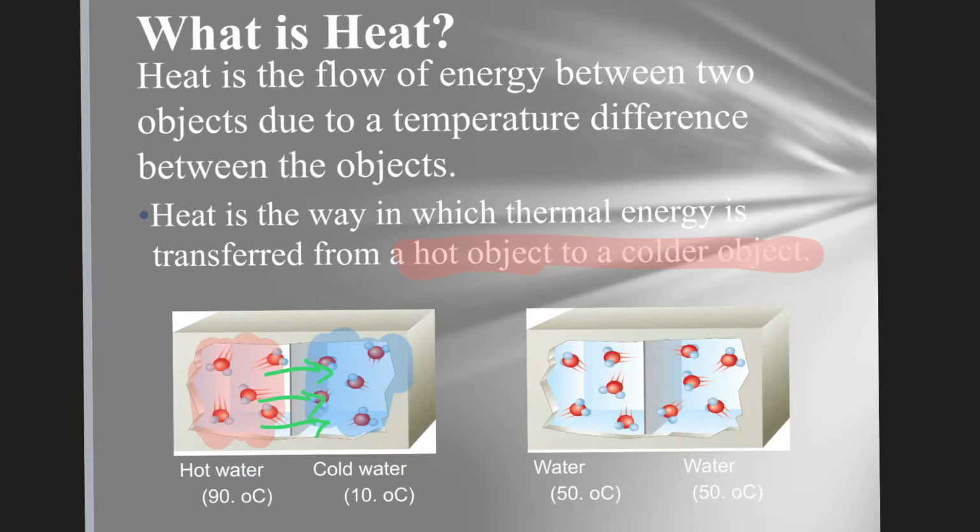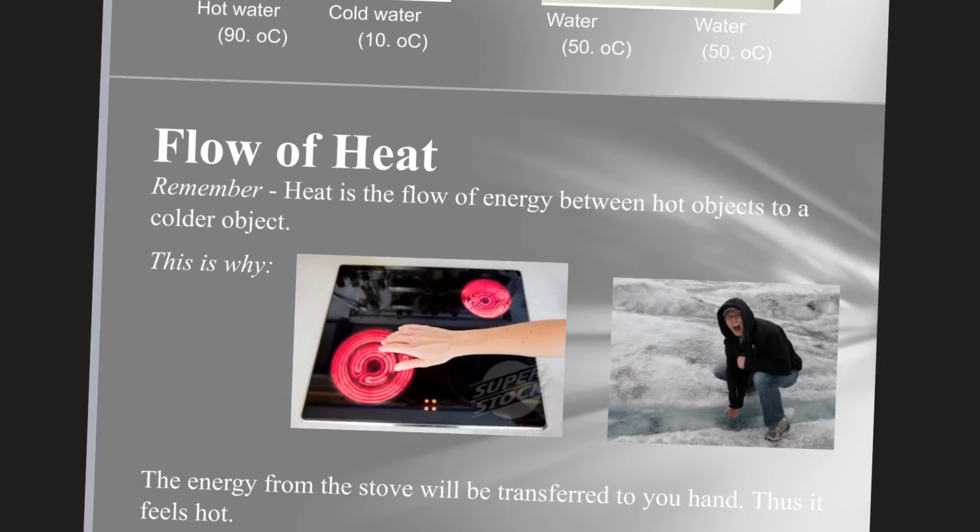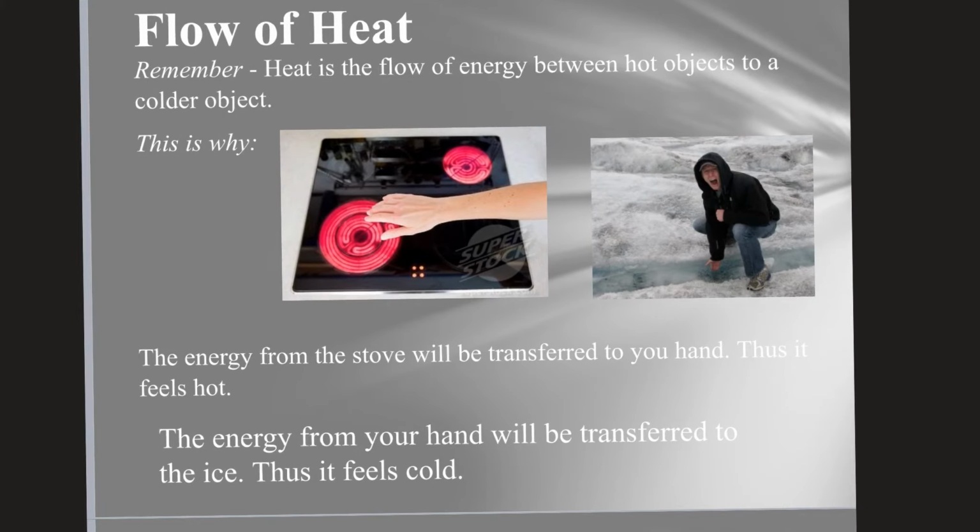At the very end, you'll notice that they both have the same temperature. The molecules will be moving with the same amount of kinetic energy. That's the big thing on that one. So once again, the flow of energy is always going from hot to cold, from more energy to the least amount of energy.